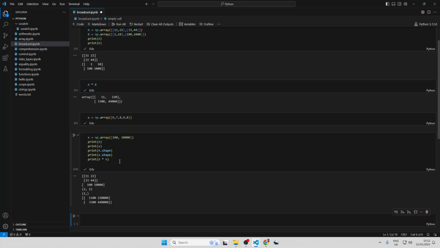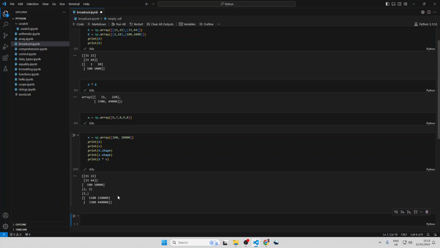So what Python has done is implicitly expand V, make two copies of it to make it into a 2 by 2 thing, and then multiply. And that's what's called broadcasting. You started with a row vector and you made multiple copies of it vertically. That's called broadcasting.